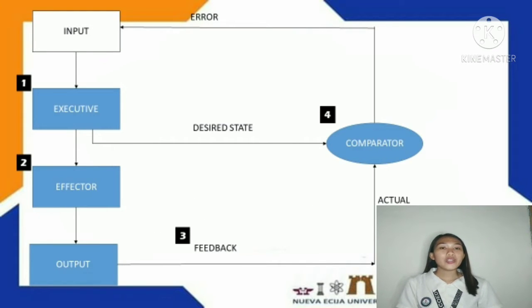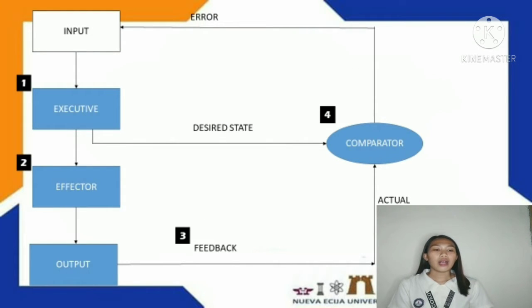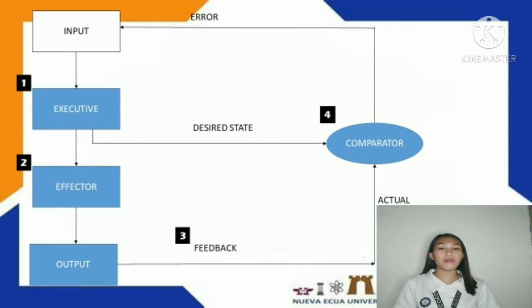So, let's take a look at this diagram. This diagram shows the action that must occur in the process of closed-loop control system. We have here the input, executive, effector, output, feedback, and then the comparator. Let's say, for example, thermostat is our comparator. It can sense the difference between the actual room temperature and the desired room temperature.